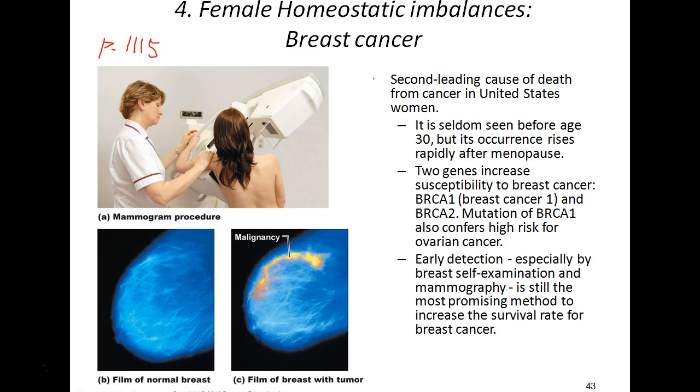Shown on the lower left is that tumor, that malignancy of the breast, a malignant cancer tumor. What can we do about breast cancer? Early detection is a good choice. Females should perform self-breast exams and have medical breast exams on a routine basis.